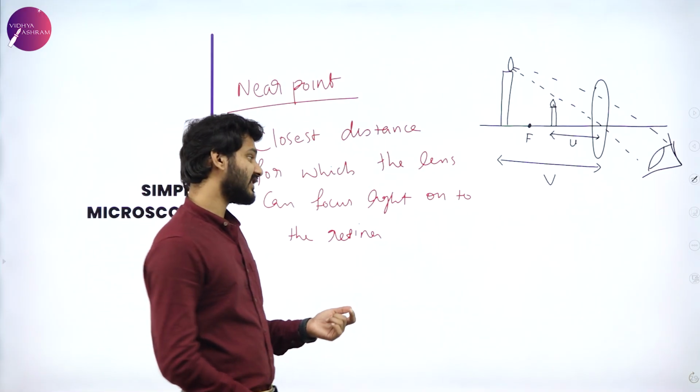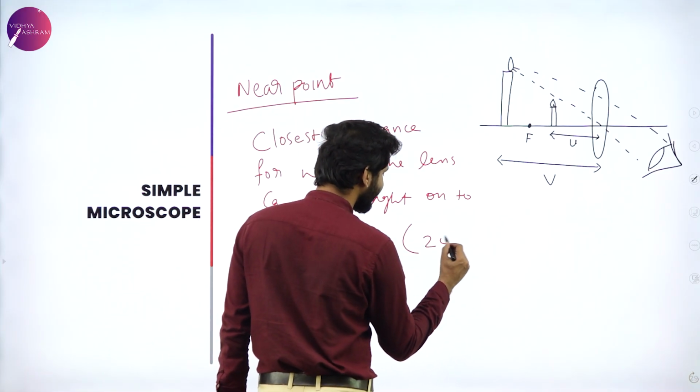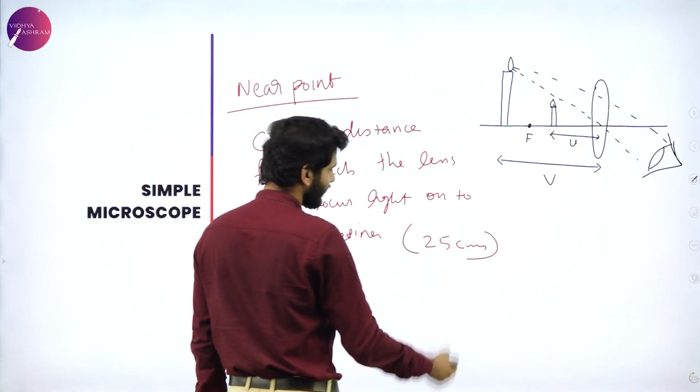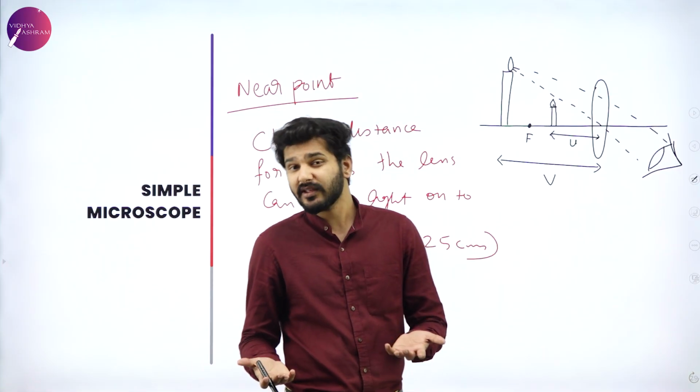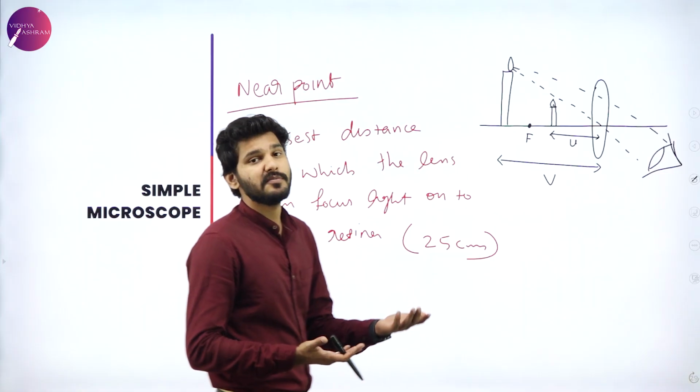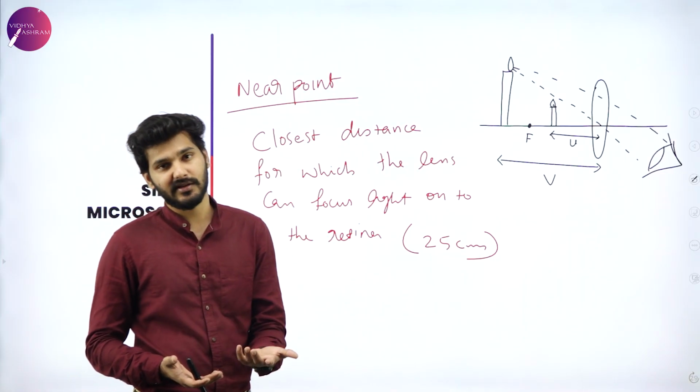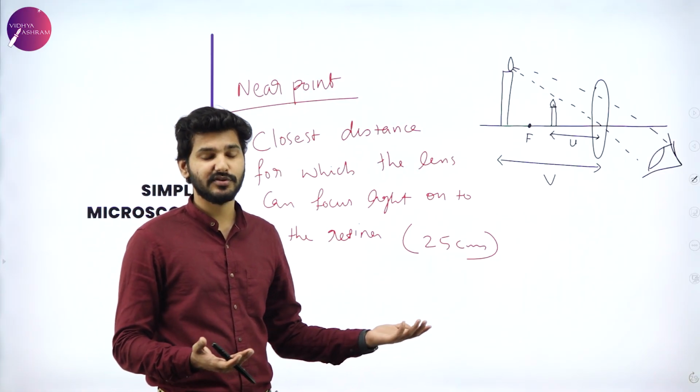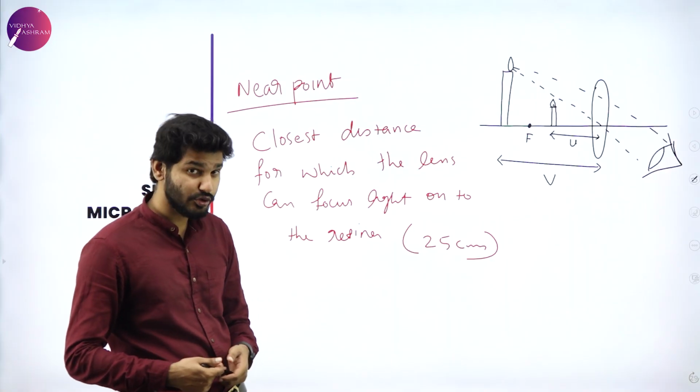But in your textbooks it is given as 25 centimeters. So for a perfect adult it is around 25 centimeters, but again this particular result can vary. You can also do this experiment using a simple scale and a notebook.